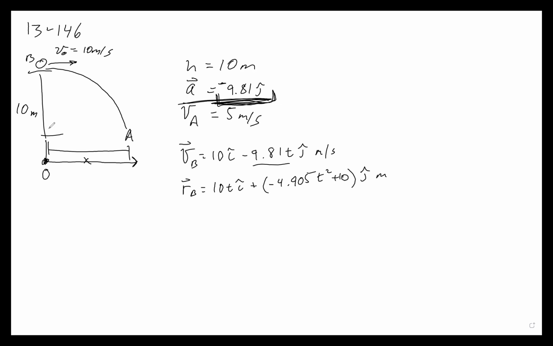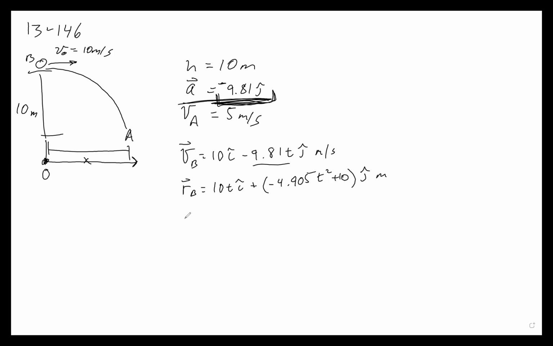Okay? So how do we find out where the ball is when the ball is no longer above the ground and actually reaches the ground? We can take the j hat component of the position, and we can find out when that j hat component becomes 0. So how do I do that?